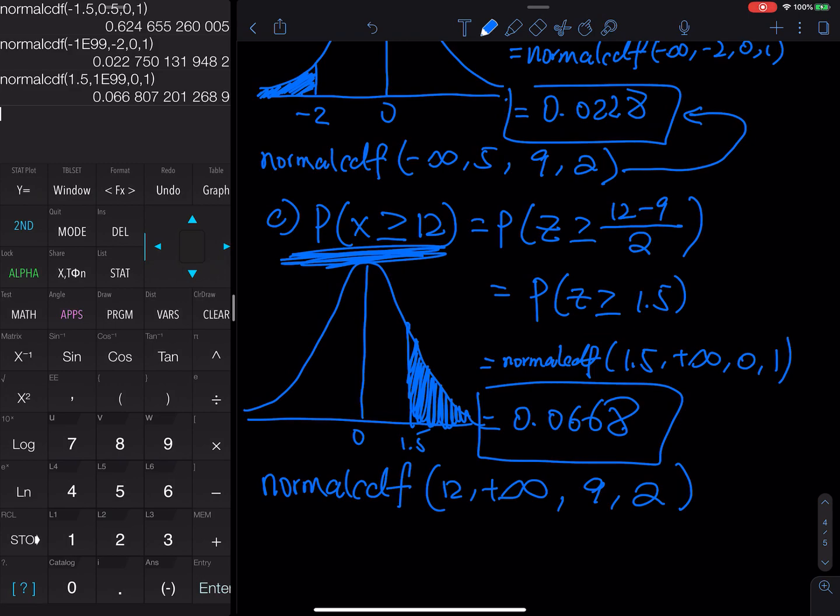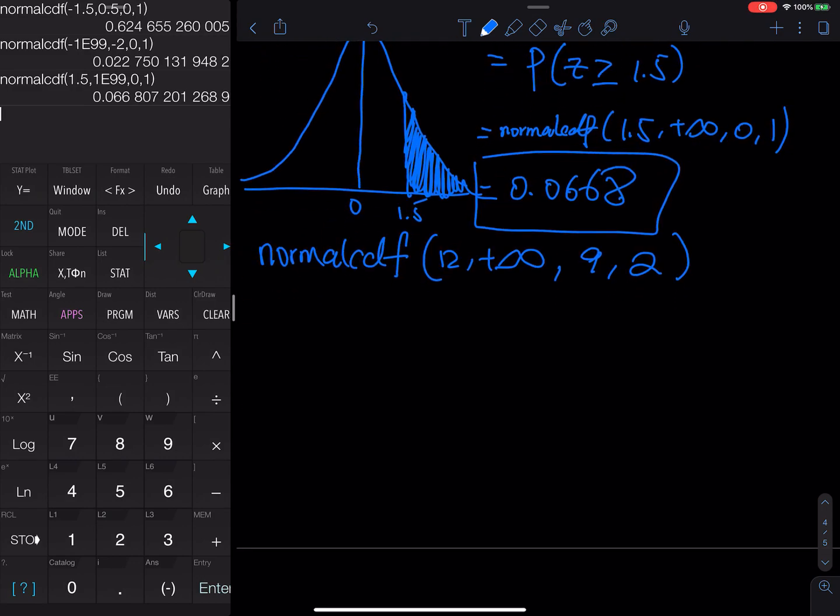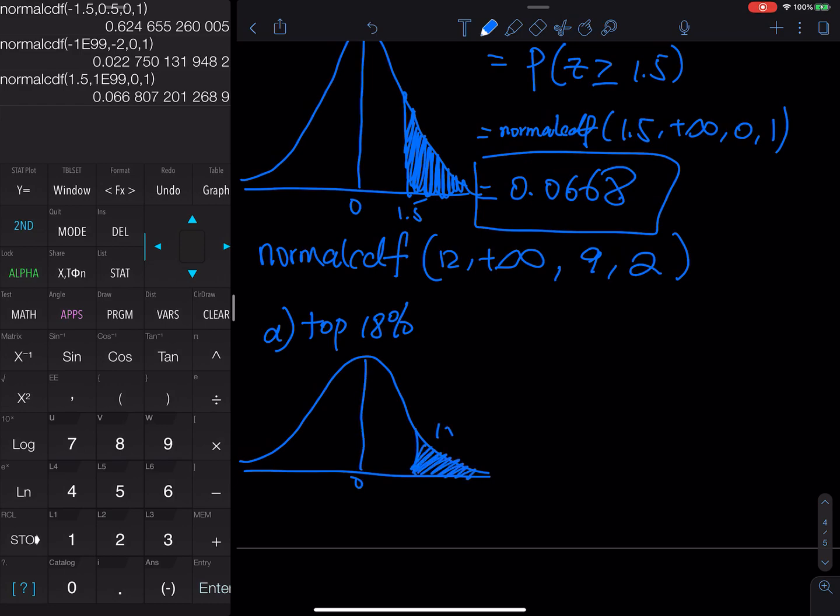And then we have 2 parts left. The top 18%. The top 18% means the fastest. The top 18% is actually, I think, the longest time. Let's get the answer first. So D is the top 18%. So the top 18%, we have 0.18 right here.